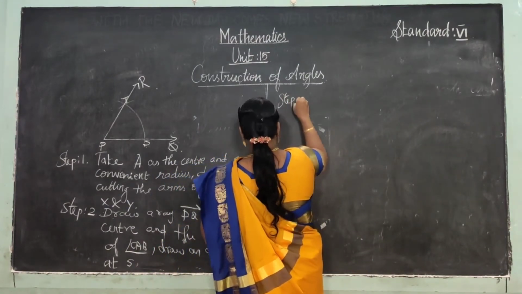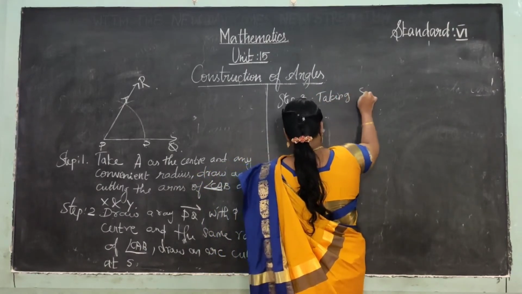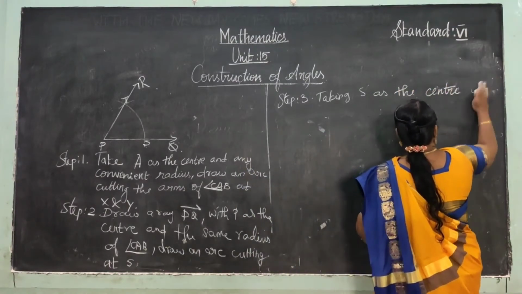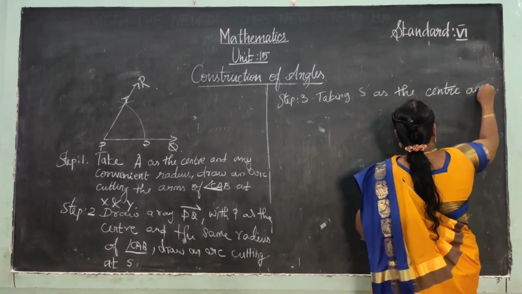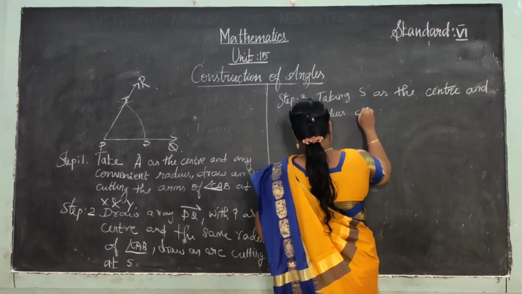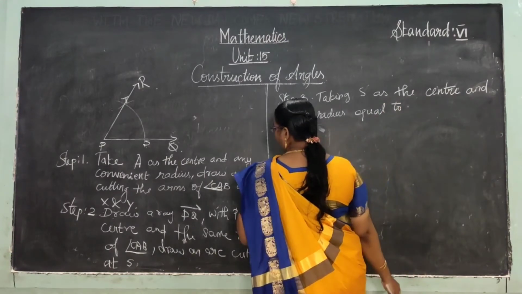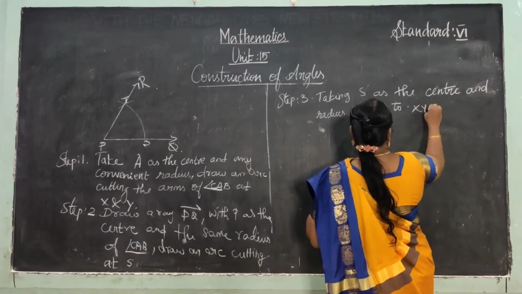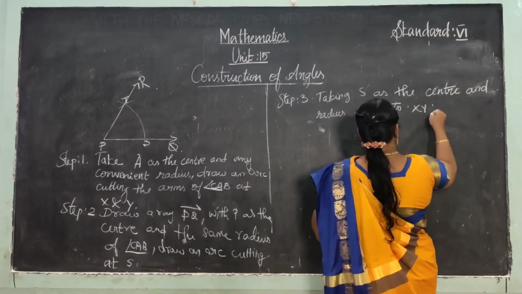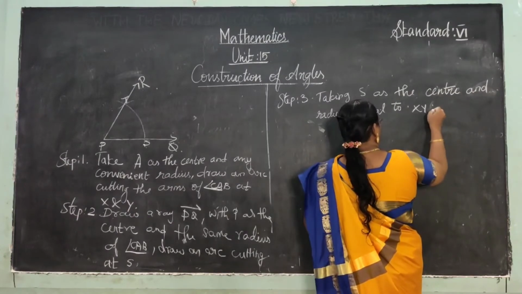Step 3, taking S as a center and radius equal to XY. In the first picture we considered the radius XY.